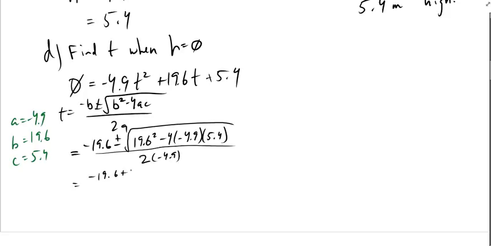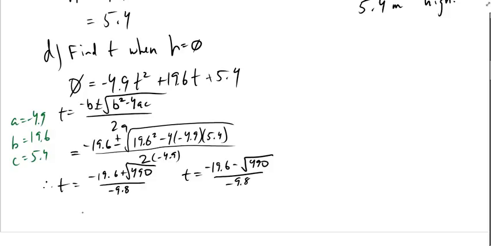All right, let's see. 19.6 squared worked out to 490, which is not a perfect square. And I'm just going to evaluate these on my calculator. Again, in word problems with the quadratic formula, we do not worry about exact answers. We're looking for a decimal here.